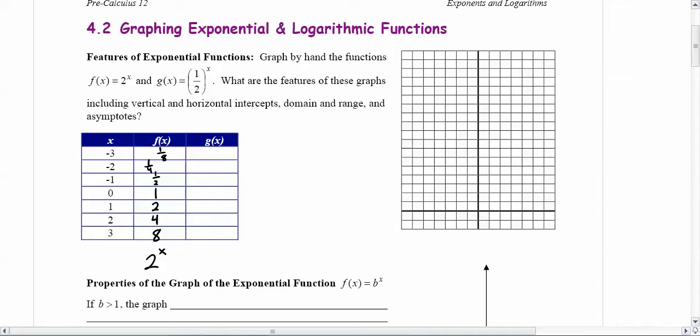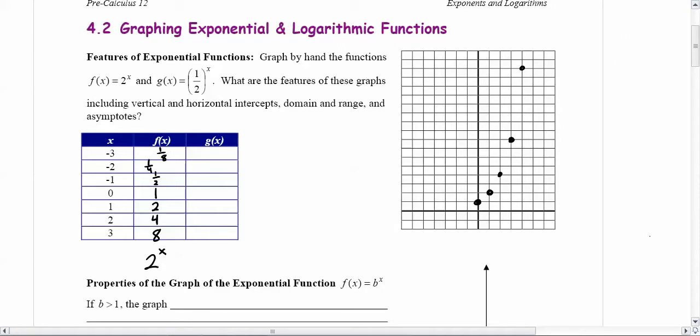Now if you plot these points, you'll see that the graph has an asymptote. So 0, 1. 1, 2. 2, 4. 3 will be 8. 4 is 16.